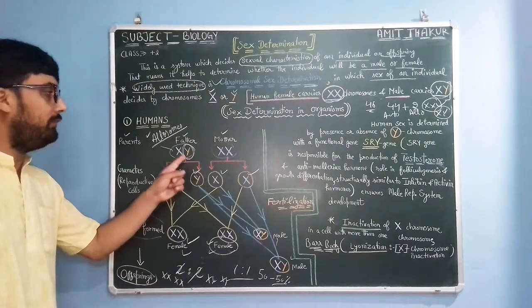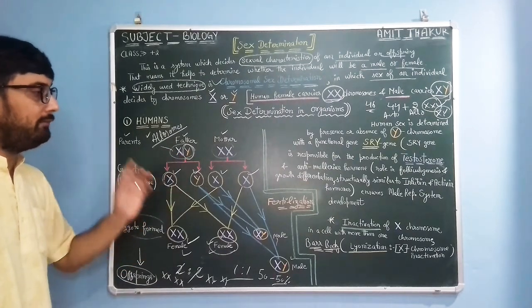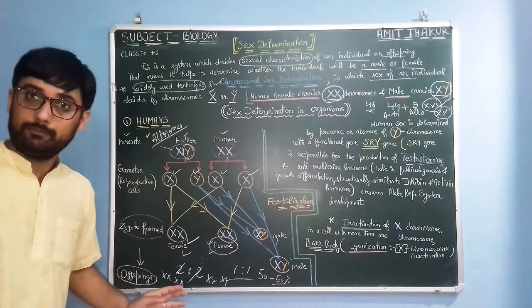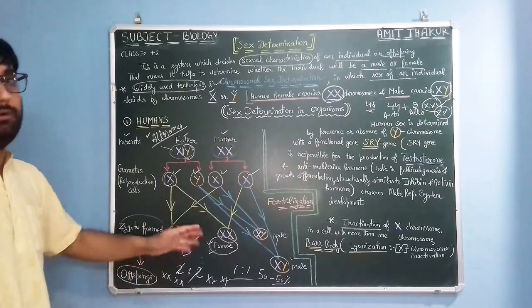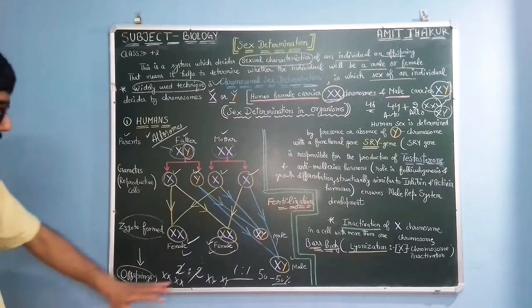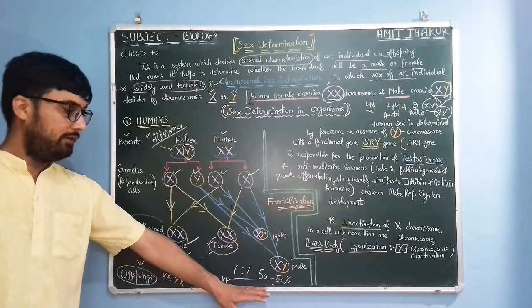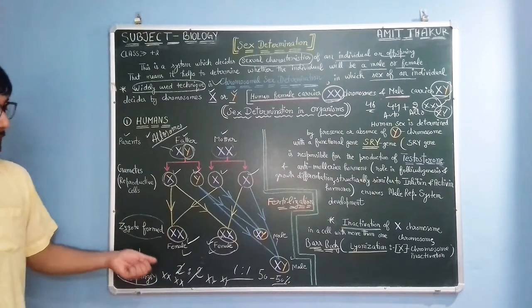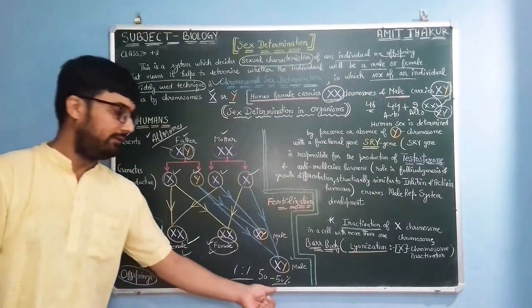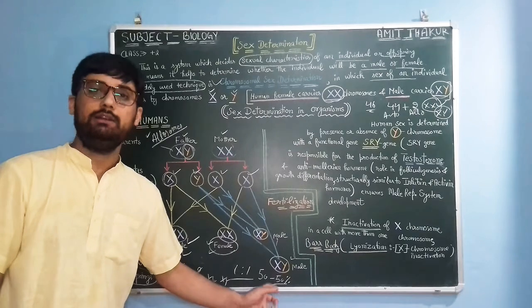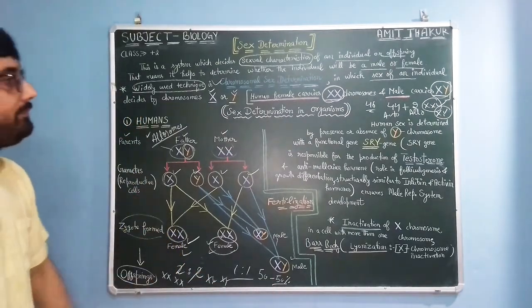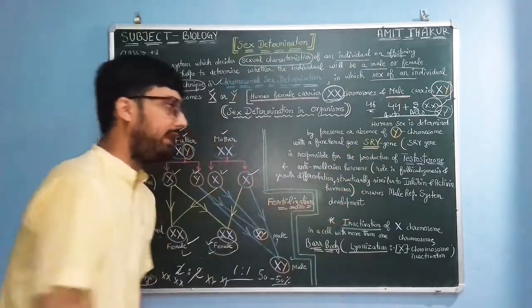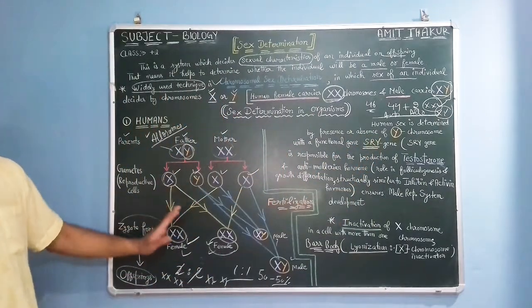This Y chromosome is responsible for determining the sex of an individual, whether it would be a male or female. So there are 50-50% chances: 50% chance for a female child and 50% chance for a male child. Okay, next. There is some information about these sex chromosomes.